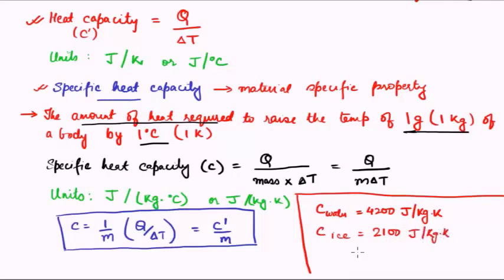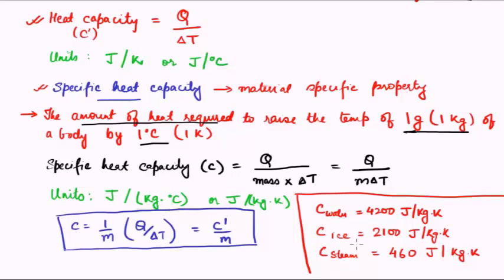So the specific heat capacity of ice is about 50% of that of water, and the specific heat capacity of steam is known to be around 460 joule per kilogram per Kelvin. So we see that the specific heat capacity is a material property, but it also depends on what state the material is in.